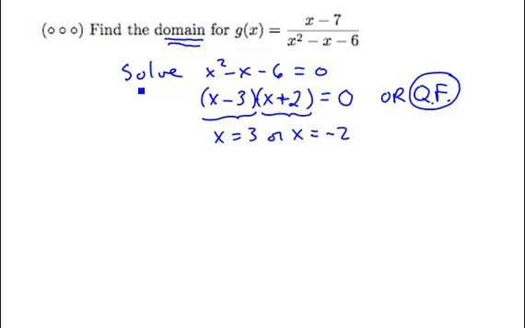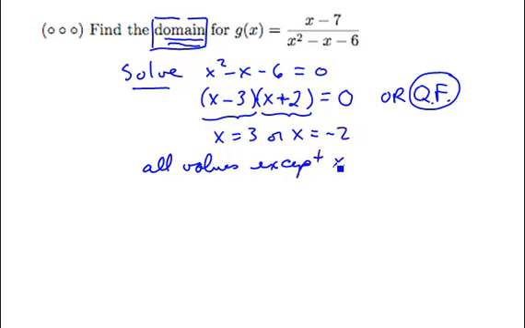It is the answer to the problem that we've written for ourselves, but we need to now answer the problem that was posed to us, which is the domain question. So our answer here is all values except x equal 3, I'm sorry, x equal negative 2.